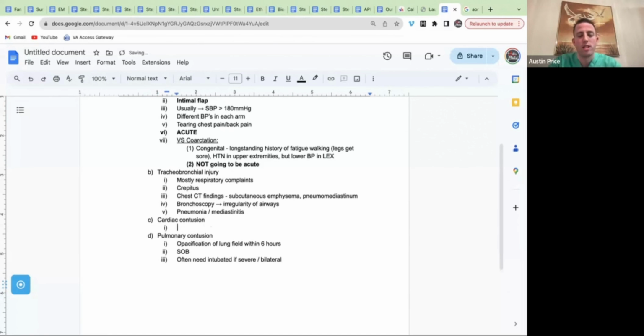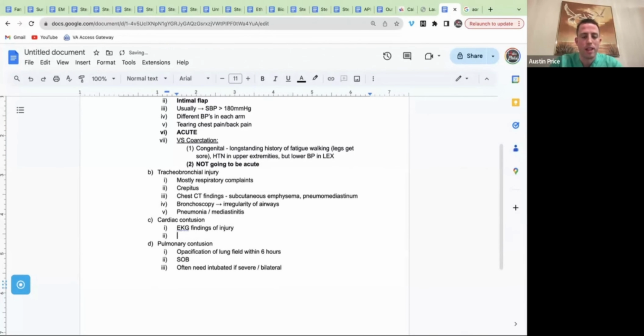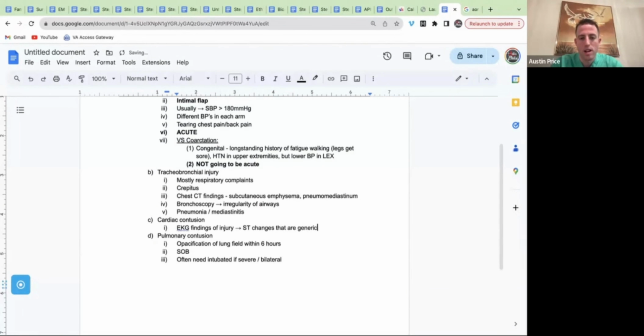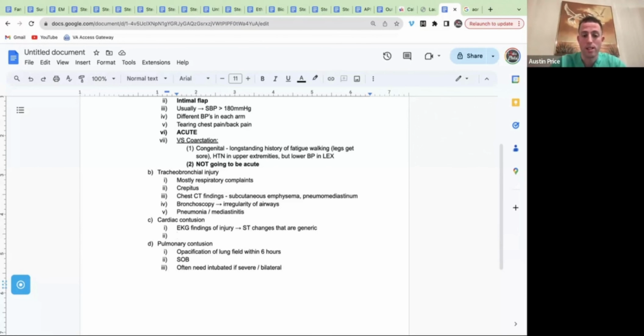Cardiac contusion, you can even see this on your EKG findings of injury. The big thing here, so this could be any kind of ST changes that are generic. So they'll have just ST changes in non-contiguous leads, or they'll have it in diffuse leads just because the heart's literally in stress. The big thing that you'll see is troponemia.